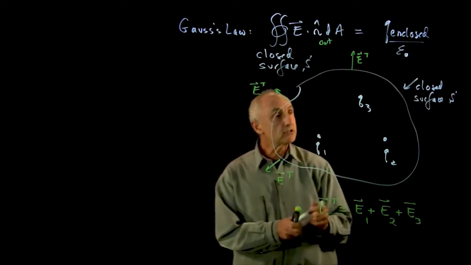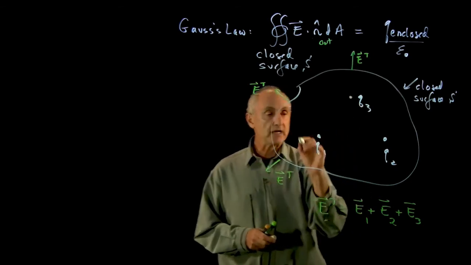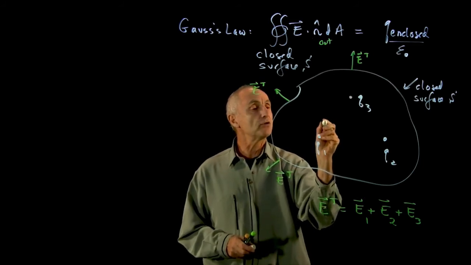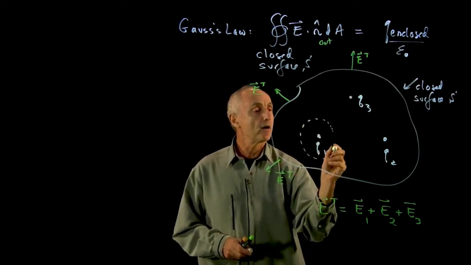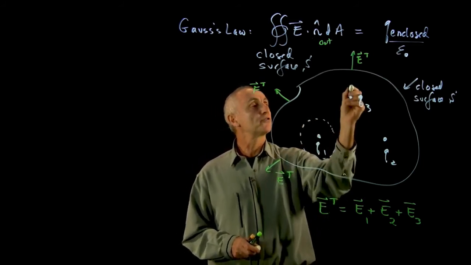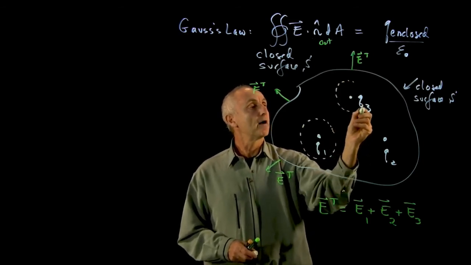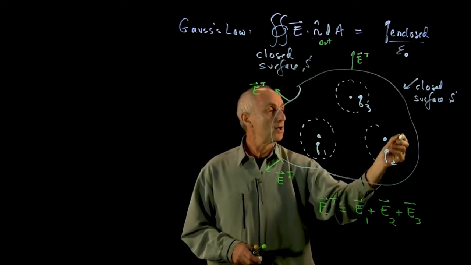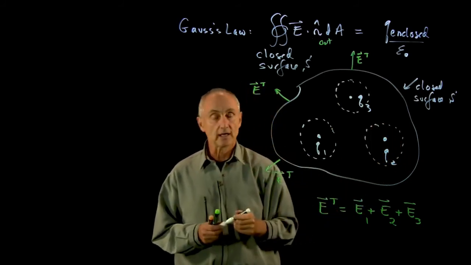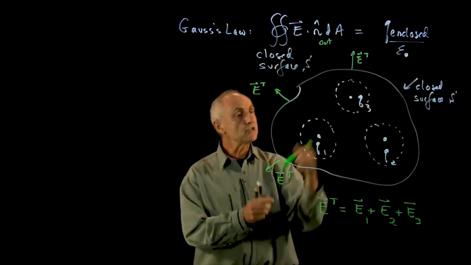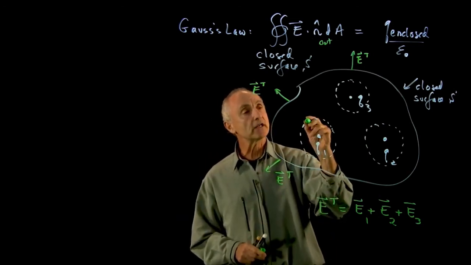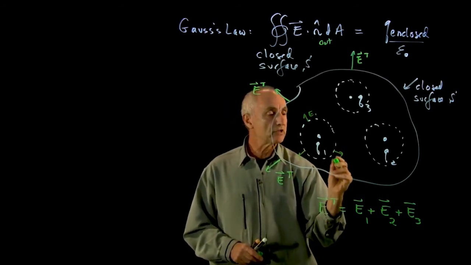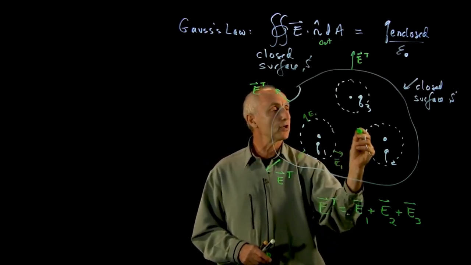Now, what I'd like to do is treat each charge separately, as we did before. So let's pick a spherical surface around charge 1, a spherical surface around charge 3, and a spherical surface around charge 2. And for each of these spherical surfaces, we've already calculated that there's electric flux going out of these surfaces equal to the charge enclosed.